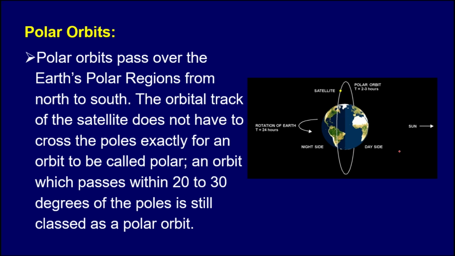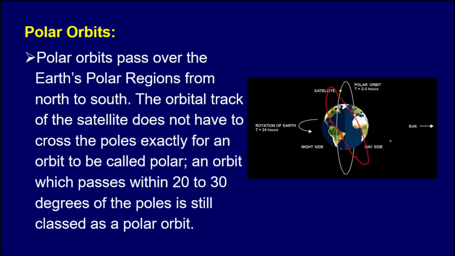From the north to south, it actually revolves around the Earth. The orbital track of the satellite doesn't have to cross the poles exactly for an orbit to be called polar. It may have some sort of an angle also.